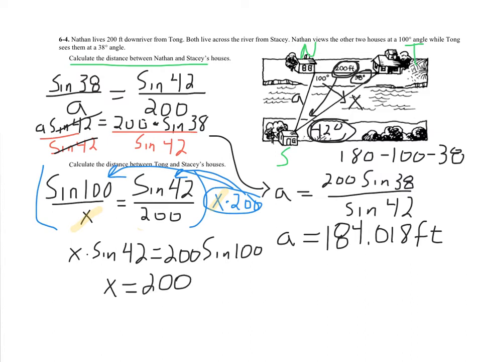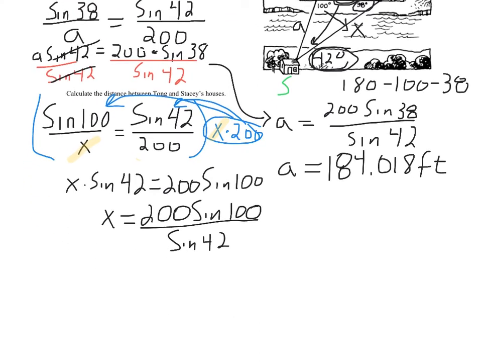So I get 200 times the sine of 100 divided by the sine of 42. And x then comes out to be 294.354 feet. So that's using your law of sines to find missing sides of triangles.